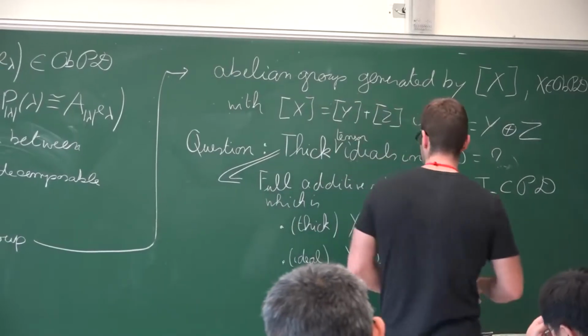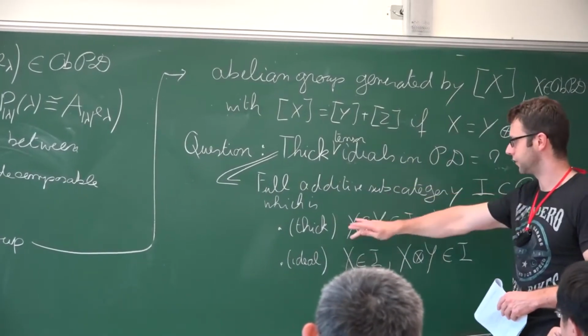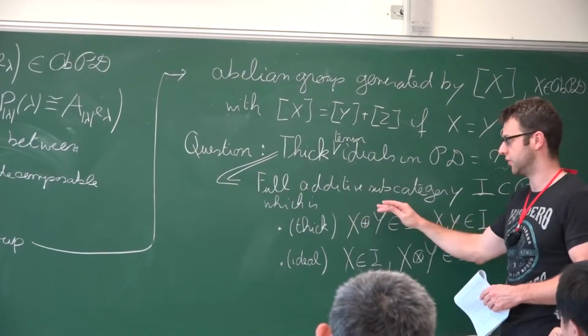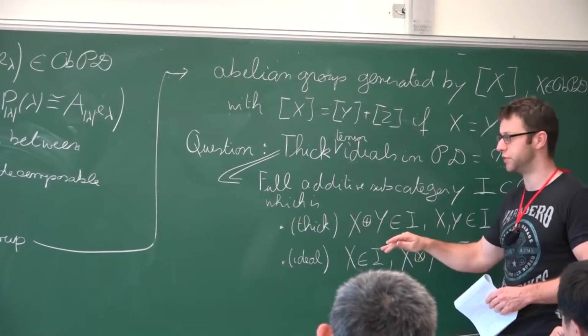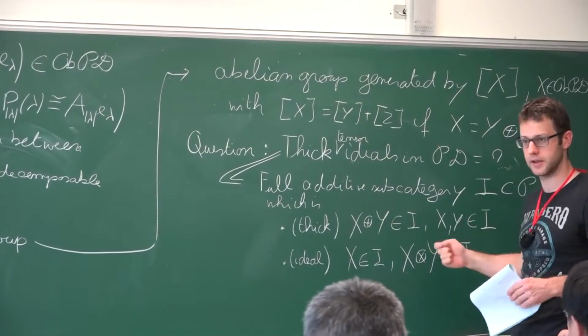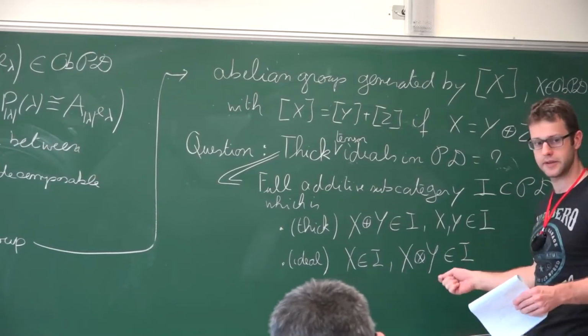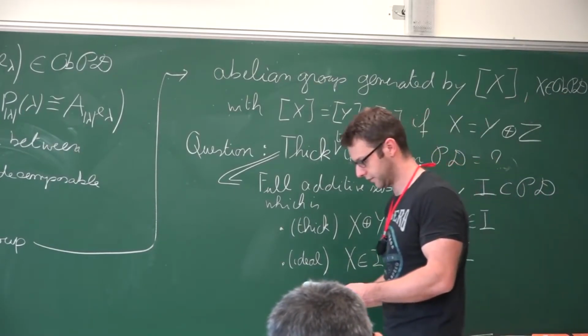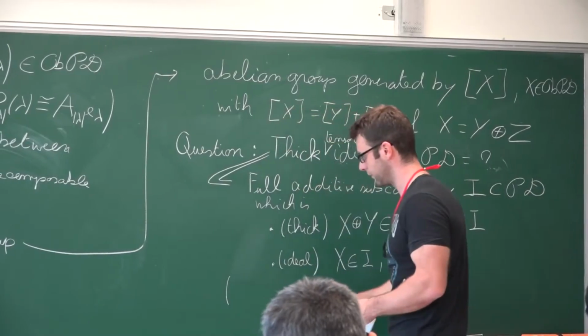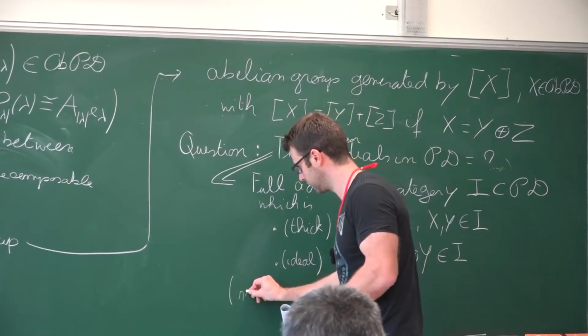Because by assumption it's an additive thick subcategory, it suffices to classify which indecomposable objects are in I. And then the entire category is just whatever is additively generated by those indecomposables.